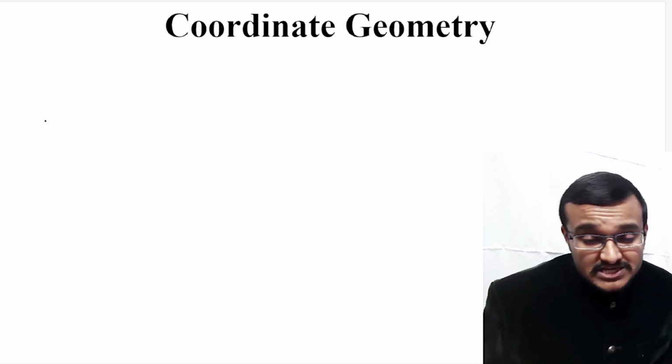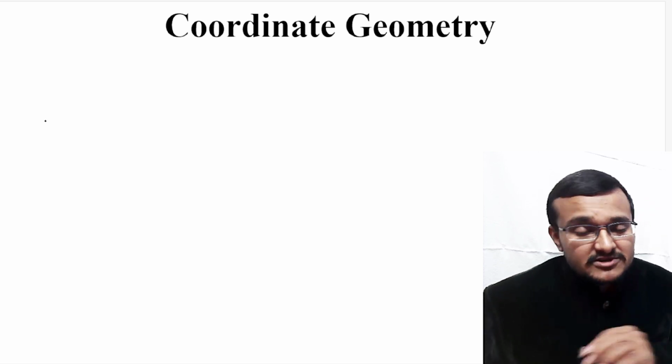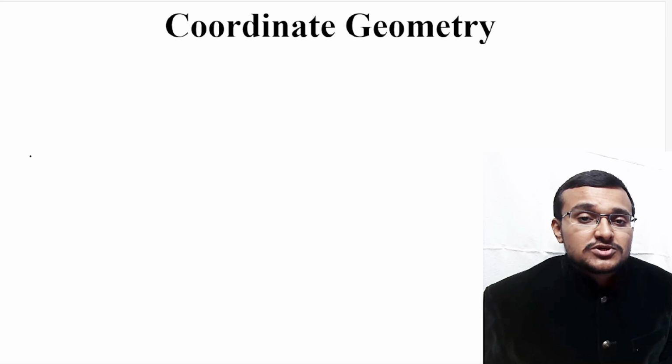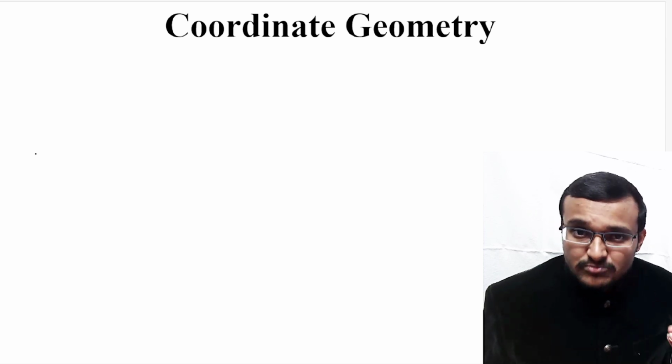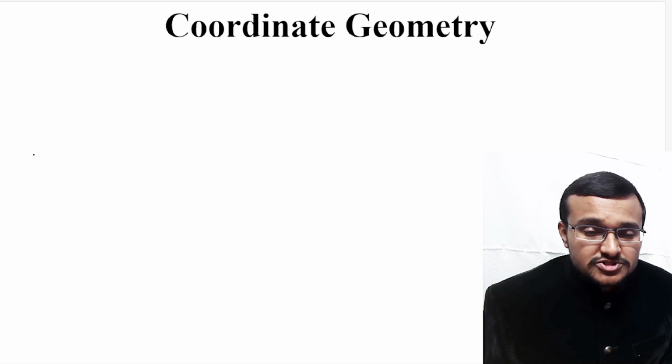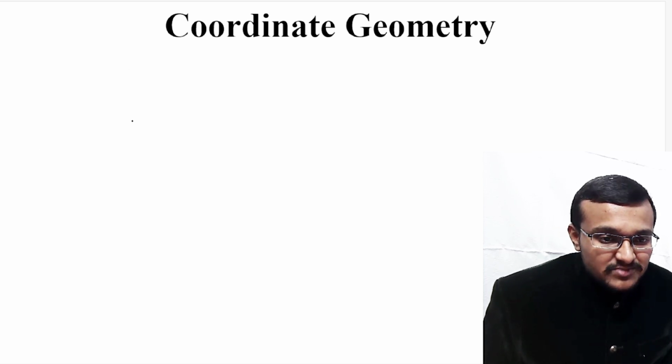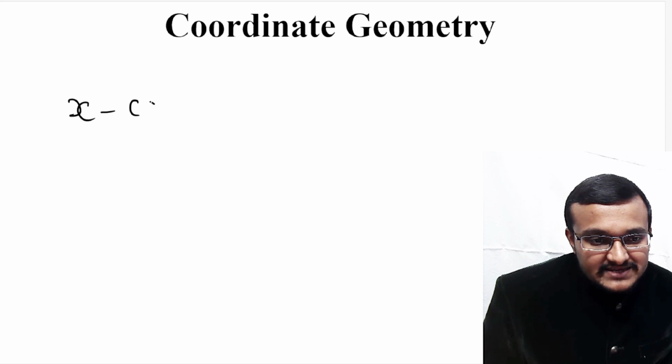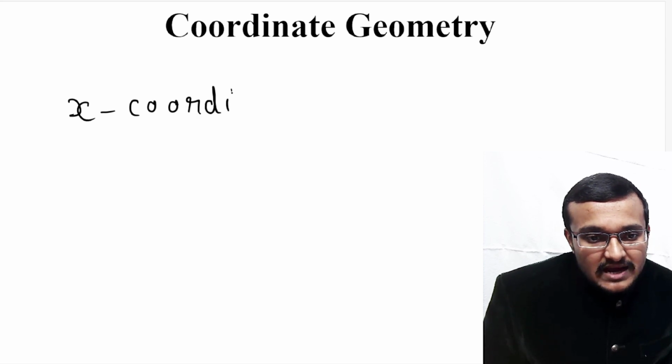In my previous videos, I was explaining the third chapter in 9th standard mathematics, that is coordinate geometry. Most of the concepts and also exercise 3.1 I have covered in my previous videos, so you can refer to those videos. I have also explained what an x coordinate is.